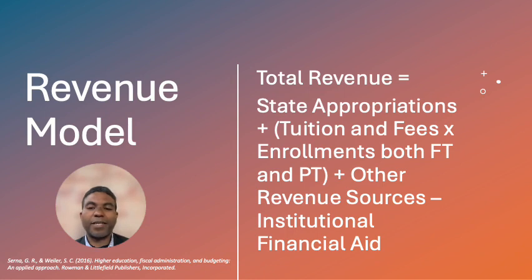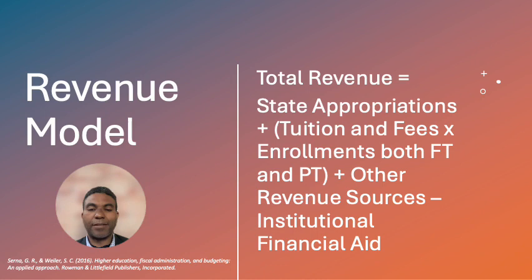Then tuition and fees times the enrollment, whether that's full-time or part-time. So you do tuition and fees times the full-time enrollment, tuition and fees times part-time enrollment, and add them together. Plus other revenue sources, like parking, housing, dining, any other way you're getting revenue to the institution.